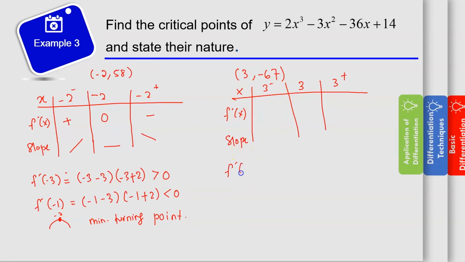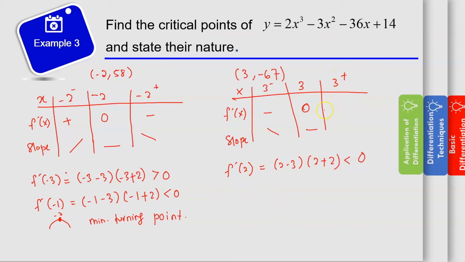So f prime 2, when I substitute, is equal to 2 minus 3 times 2 plus 2, which is negative times positive, so we get an answer less than 0, meaning the slope will be going down. But for 3 itself, it is 0, so the slope is a straight line.